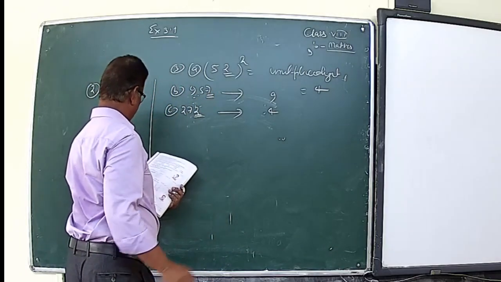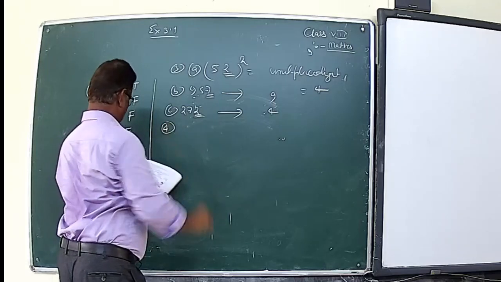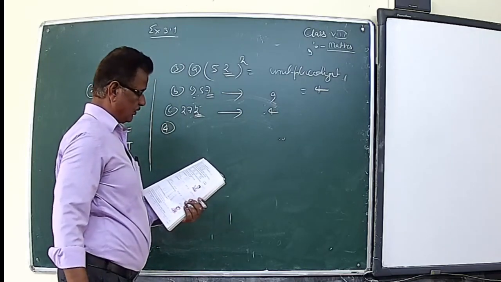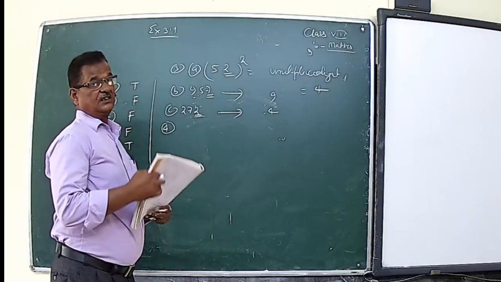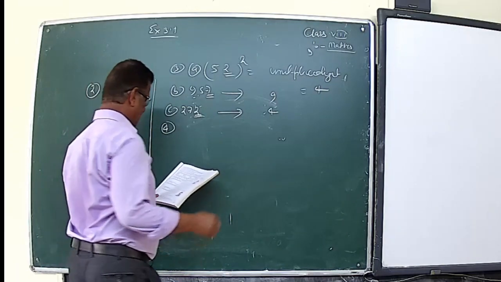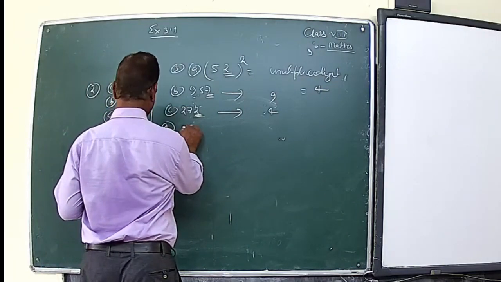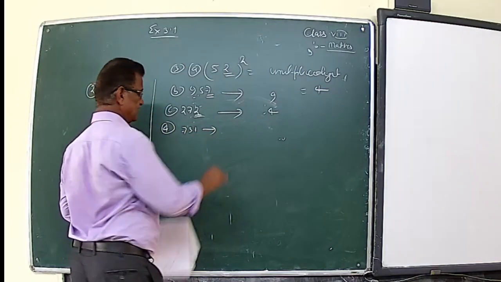Now question number 4. The square of which of the following numbers would be odd? You know that the square of an odd number is odd, and the square of an even number is even. So which is the odd number here? 731 is the odd number, so its square is also odd.